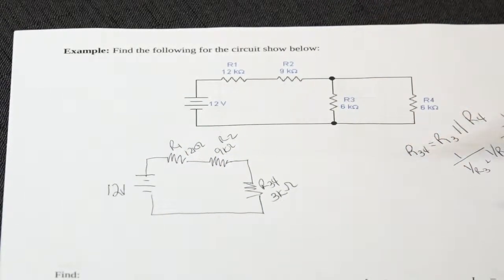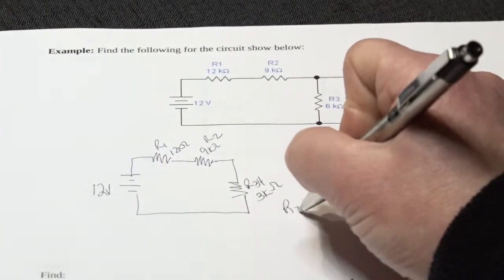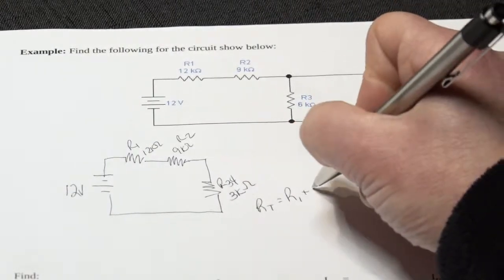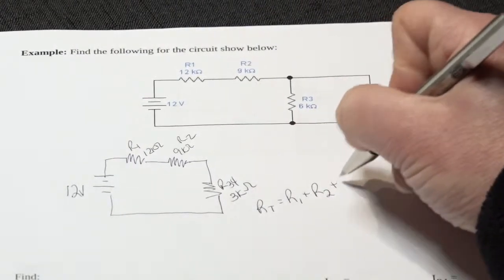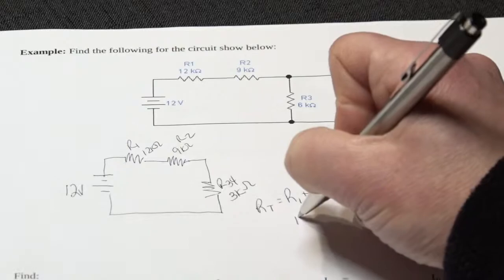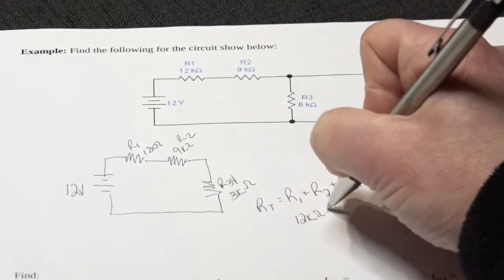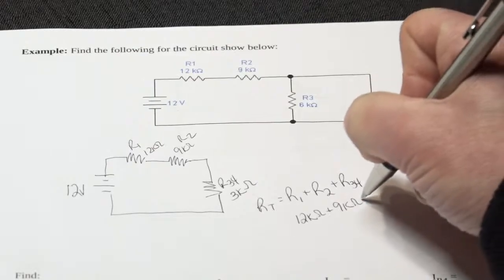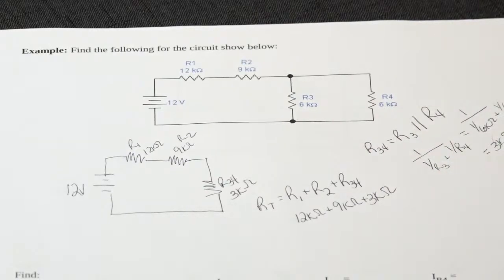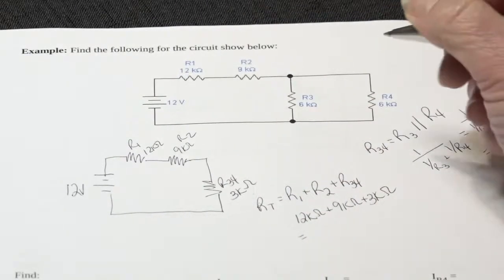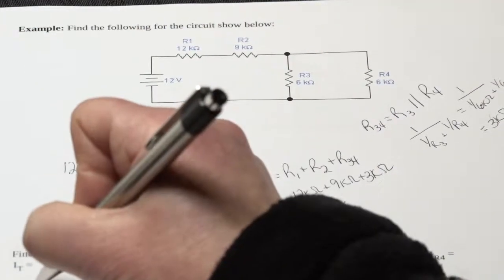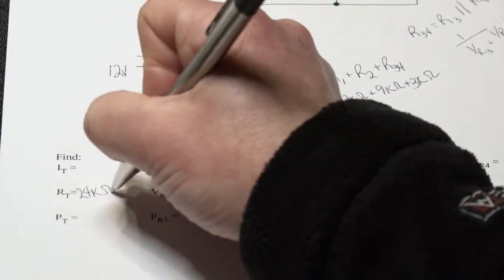So we can find the total resistance by combining R1 plus R2 plus the R3-4 combination, which is 12K ohms plus 9K ohms plus our combination of 3K ohms. And that gives us a total of 24K ohms. So we can say, all right, we got 24K ohms, woohoo.